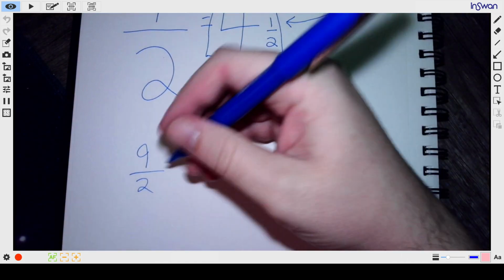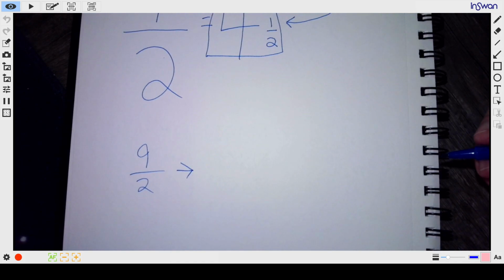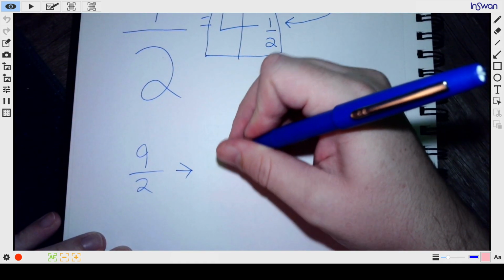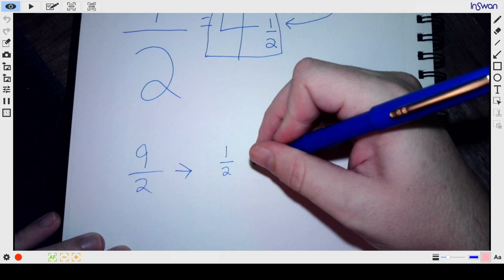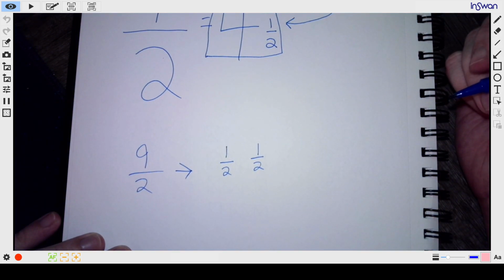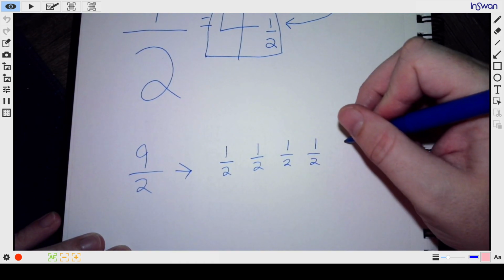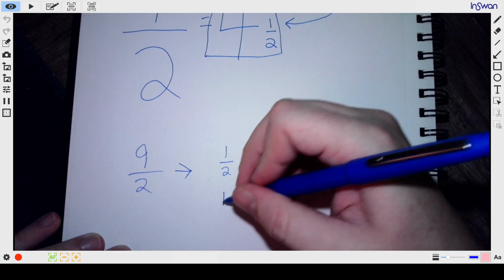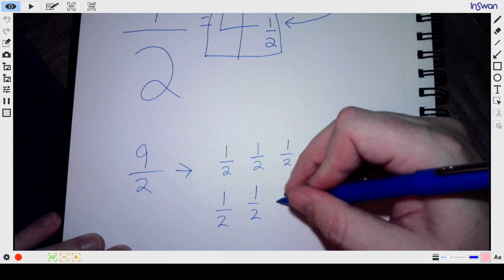So what I'm going to do is I'm going to go over here and I'm going to write them out into their unit fraction form. Now think of each half as its own unit. So what I mean is this. There's 1 half. There's another 1 half, or 2 halves. 3 halves. 4, 5, 6, 7, 8, 9.